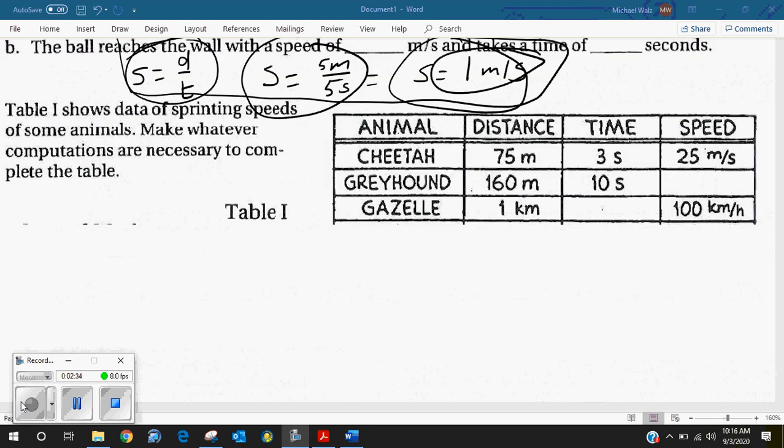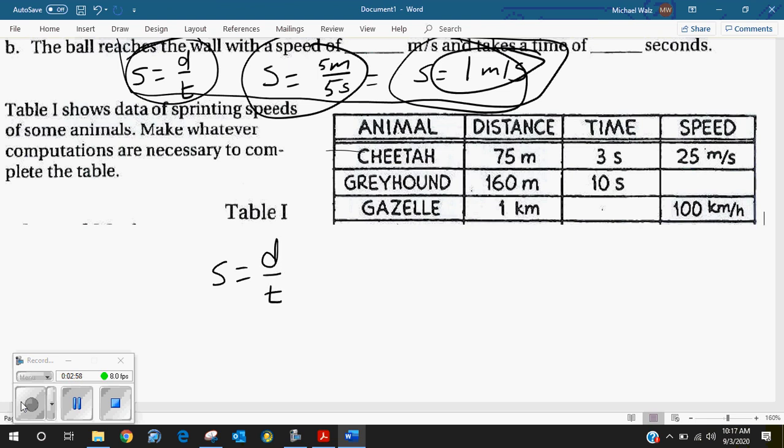The other part of this worksheet that you have to do is finish this table out. It says fill in the blanks. I'm not going to do this table for you, but I'm going to give you some examples. Here's your formula: speed equals distance per time.